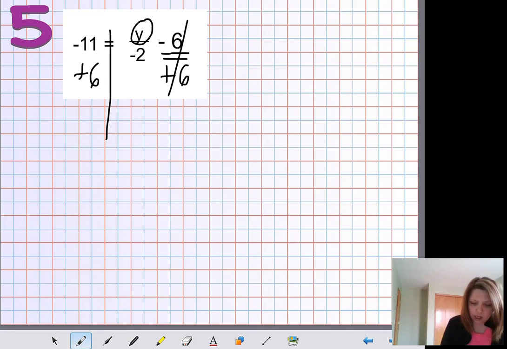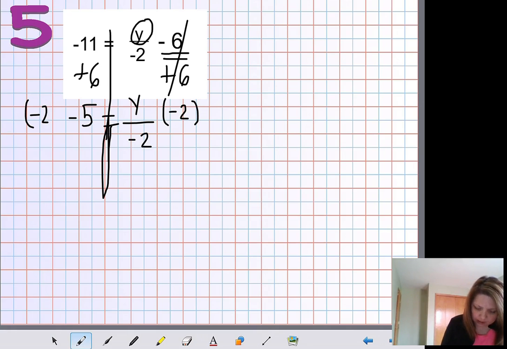Those two cancel. -11 plus 6 is -5, equals what we have here, y divided by -2. So how do we solve for y? What do we want to do here? This is division, so we're going to multiply by -2 on both sides.